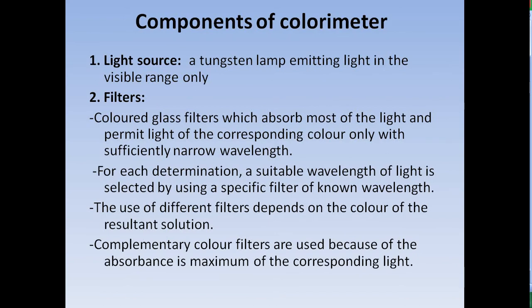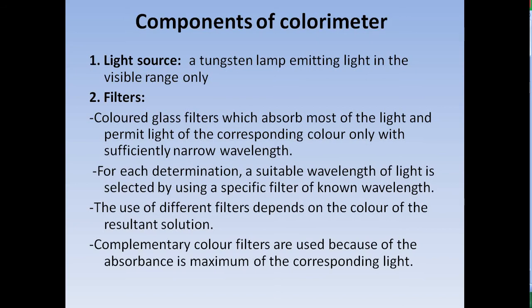Components of a colorimeter. The first one is the light source, a tungsten lamp emitting light in the visible range only. Here in a colorimeter we use only visible range white light. We don't use ultraviolet or infrared. Filters.